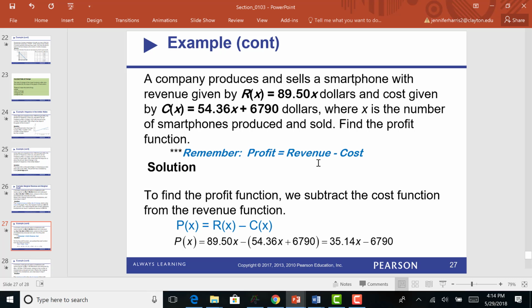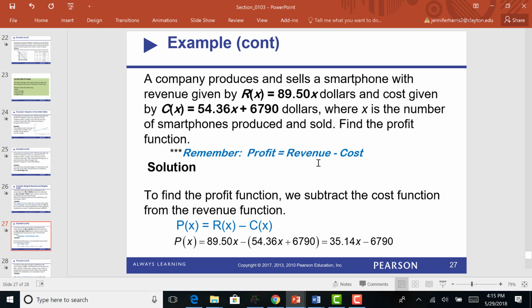So now, here's a step that's not on the board that you don't see on the whiteboard. I should have 89.50x. Once I distribute the negative sign, that's going to be a minus 54.36x minus 6790. Now, can I add like terms? Yes. Okay, so for the first two combined like terms, 89.50 minus 54.36 happens to be 35.14x.